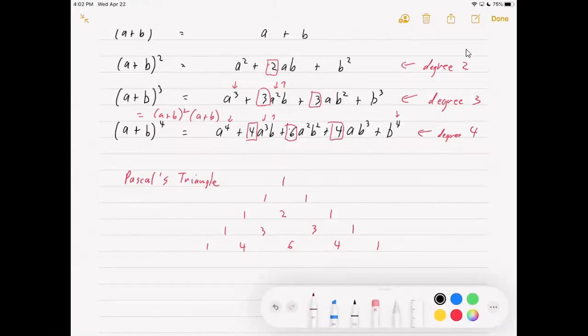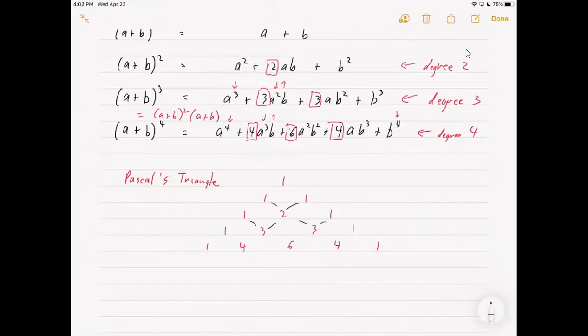Okay, so there's a connection. If you look at the 2, it had a 1 and a 1 diagonally above it. Well, 1 plus 1 equals 2. 1 plus 2 is 3, and 1 plus 3 is 4, and 3 plus 3 is 6, and 3 plus 1 is 4 again.